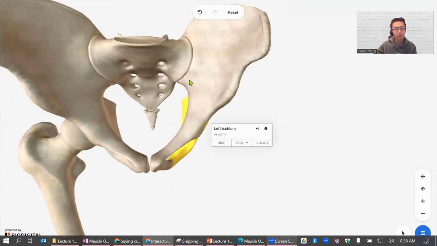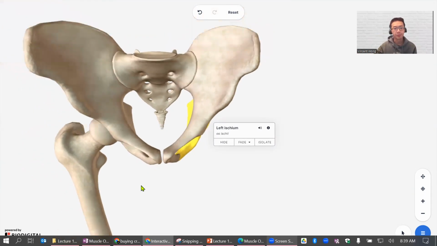We don't have to know what it's called, but it's particularly important for females, because the size of this opening restricts how big the baby can get. If the baby gets too big, the head will physically not fit through this opening, and then they would have to take it out through C-section, for example.